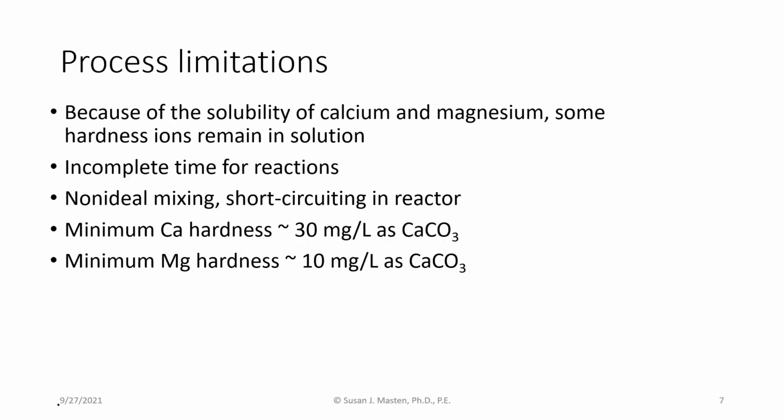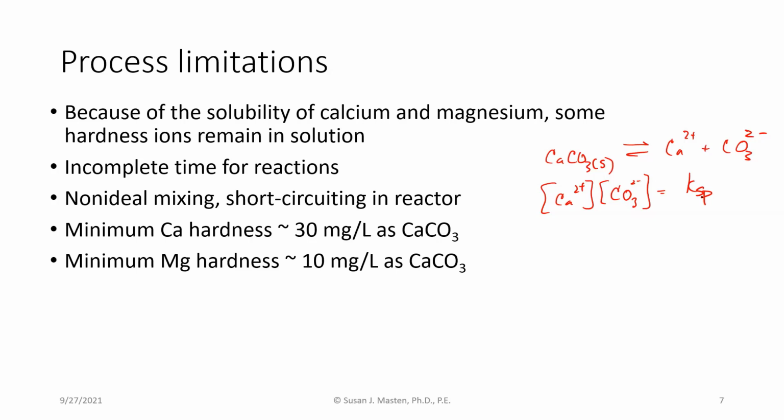The process limitations are based on a number of factors. One is the solubility. So we can write an expression, calcium carbonate dissolves to release calcium plus carbonate. And we can write an equilibrium expression, and that equals an equilibrium constant.